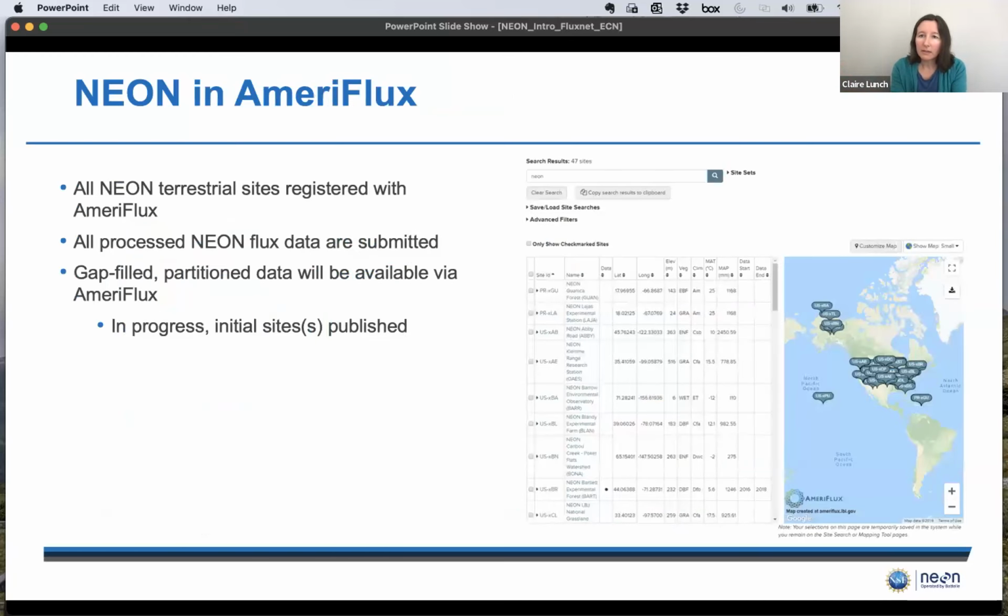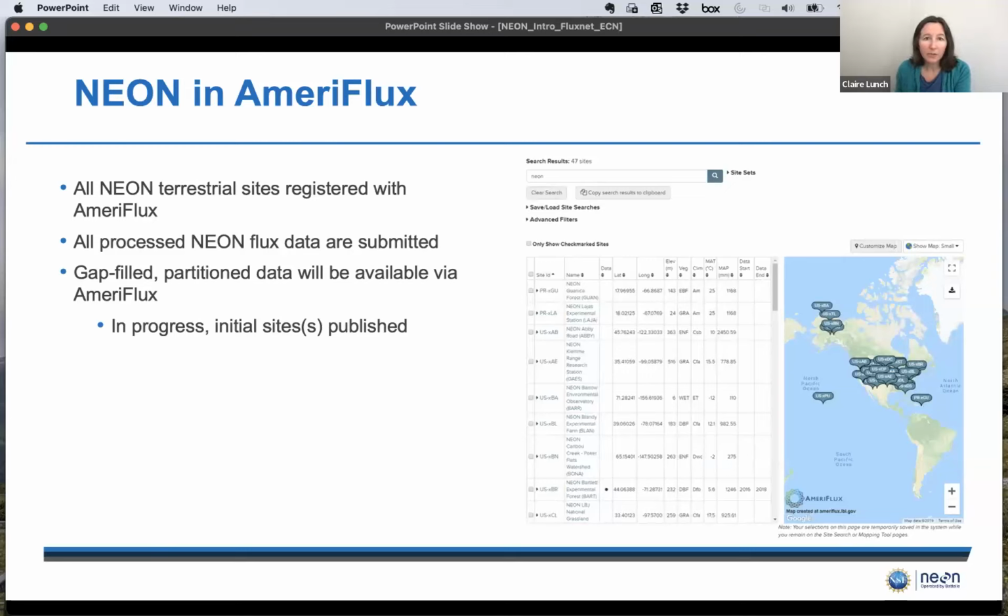So NEON is in partnership with AmeriFlux. All NEON terrestrial sites are registered as AmeriFlux sites, and all of them have submitted data to AmeriFlux. So if you want to use NEON data in conjunction with other AmeriFlux data, or formatted the way that AmeriFlux data are formatted, you can access NEON data through AmeriFlux and do that way.